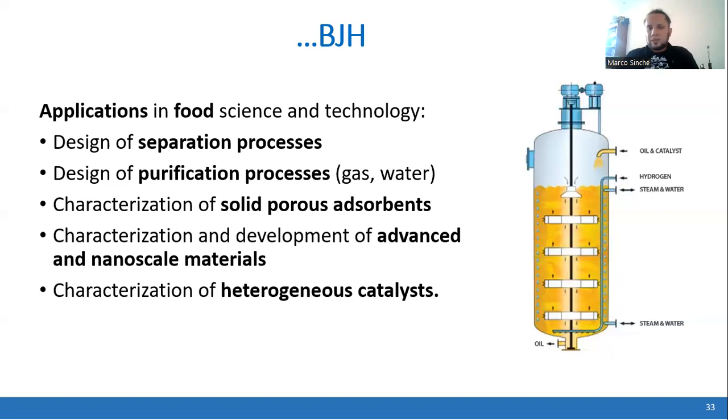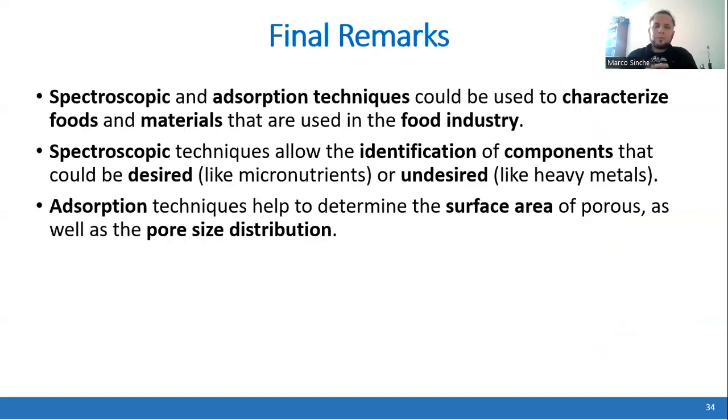And nowadays, it's very important that these catalysts allow working at low temperatures in order to avoid the formation of trans fats. As final remarks, these techniques are used to characterize foods and also materials that are used in the food industry for the production of products of interest.